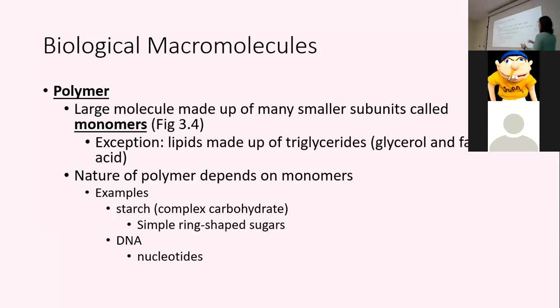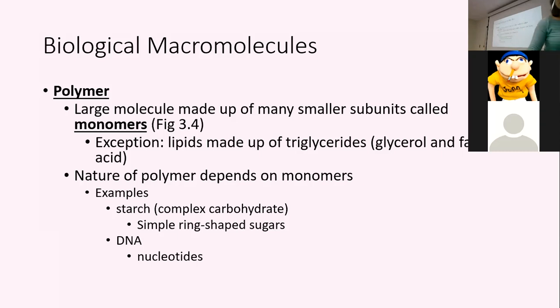DNA is made of nucleotides, long strings of nucleotides that cause DNA to coil and have its shape, but that also carry information and give it its function. So when we talk about each of these molecules, we're going to talk about their monomers, how that affects their structure, and then how that structure gives them their function.